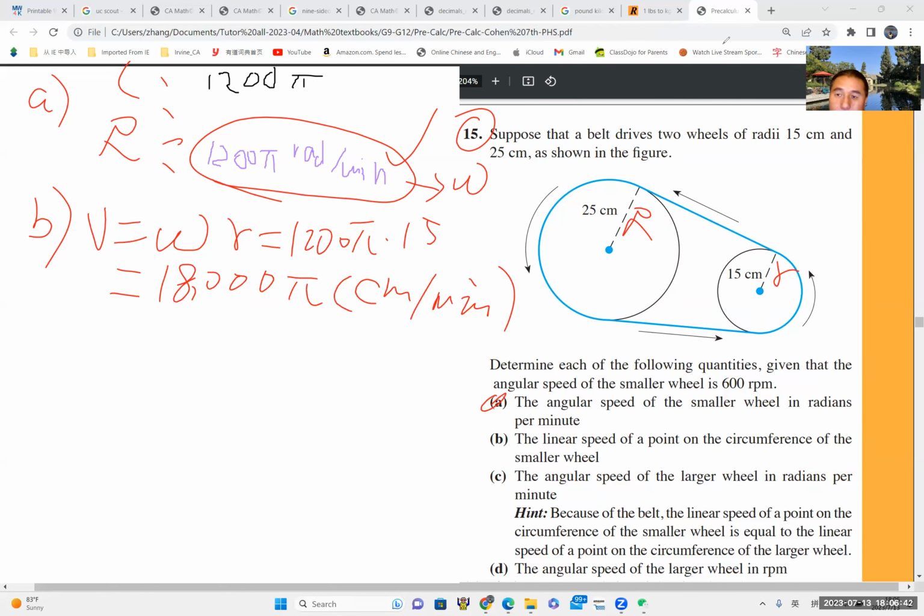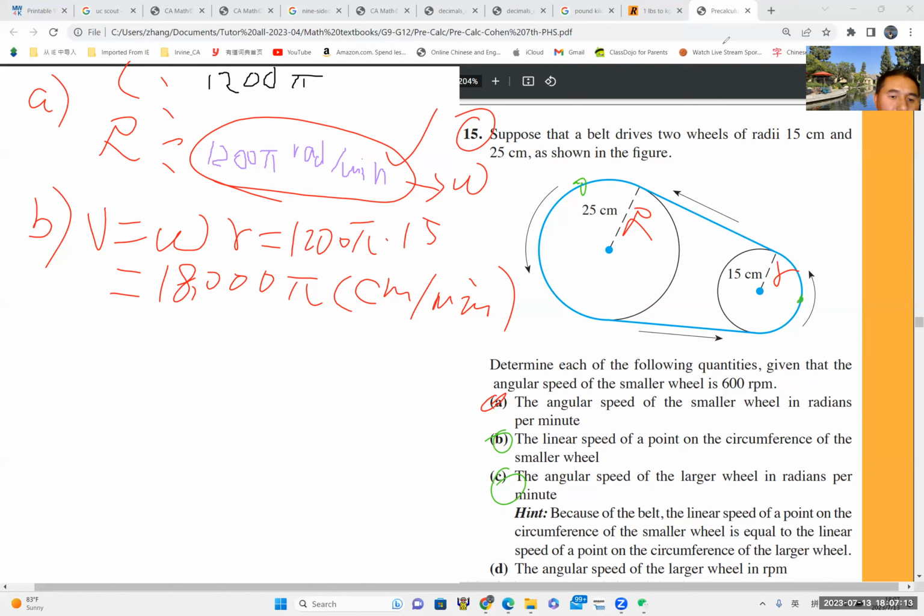Then part C. The angular speed of the larger wheel in radians per minute. Angular speed. So first, the linear speed on the circumference of the larger wheel is still the same as this, right?